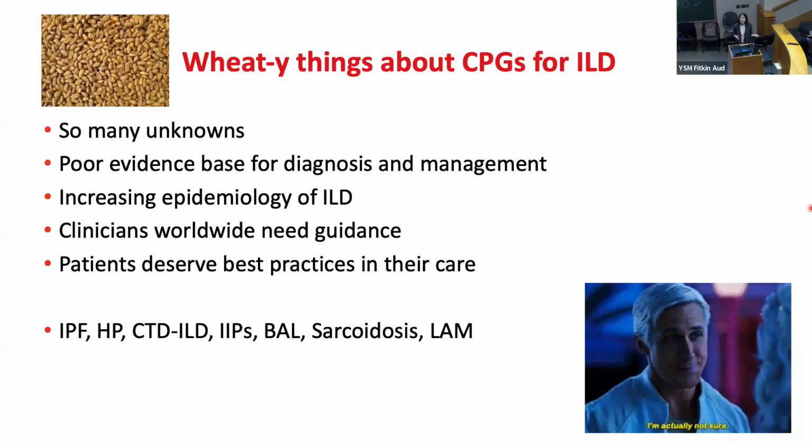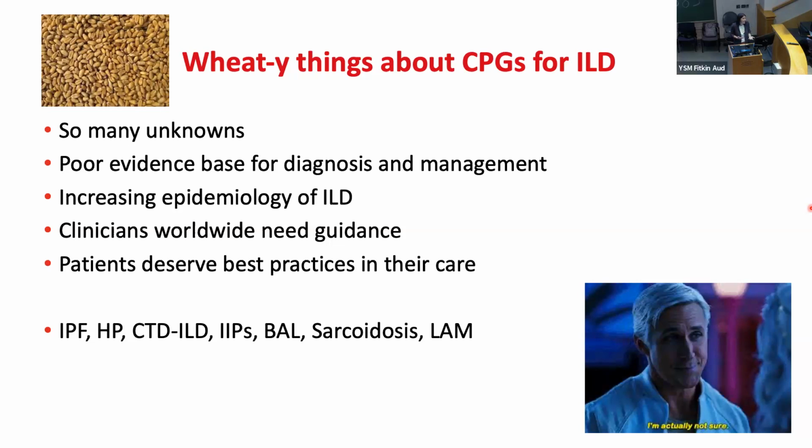But still, there are really good things about clinical practice guidelines, because there are so many unknowns and there's a really poor evidence base for the diagnosis and management. If you really want to apply evidence-based care for your patients, a lot of what you're going to be doing is a whole lot of nothing, which might be okay in some scenarios, but we really lack a lot of evidence.